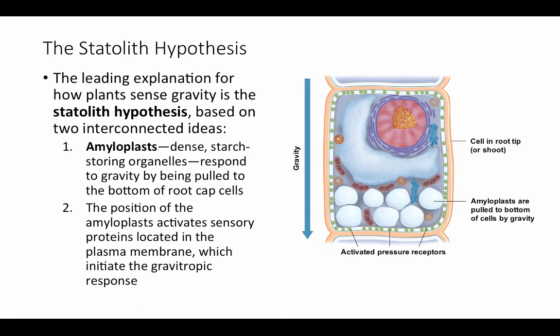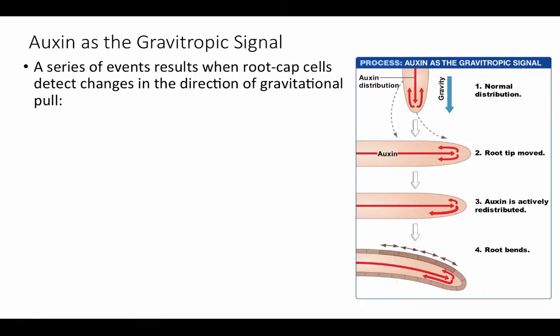And then the position of these amyloplasts activates some kind of sensory proteins that are able to detect that weight on top of them. And this is what's going to initiate that gravitropic response. So these activated pressure sensors, so if this root was growing sideways, they would be pushing on the side and cause this gravitropic response. And it's also thought that auxin is the primary gravitropic signal.